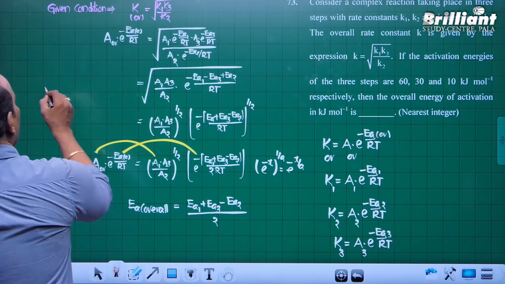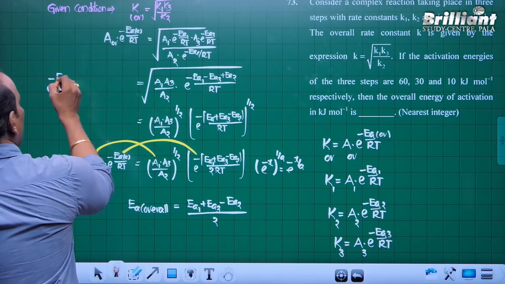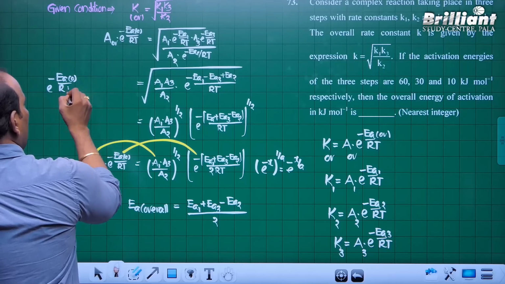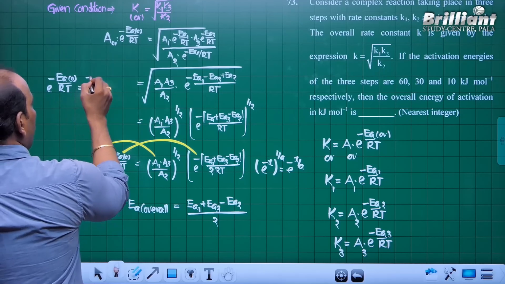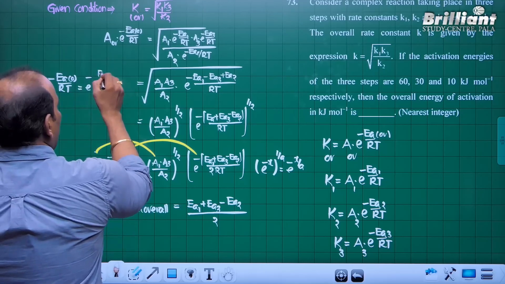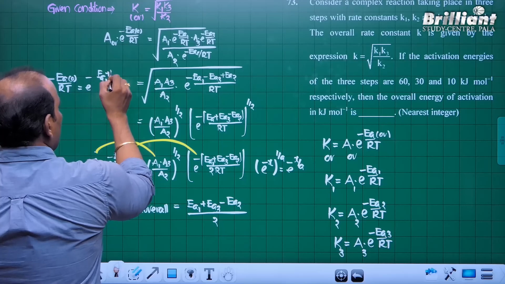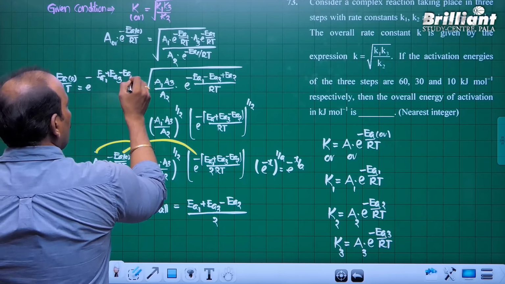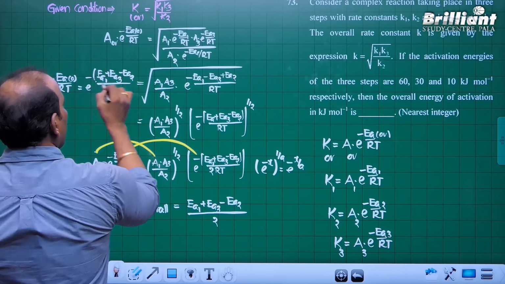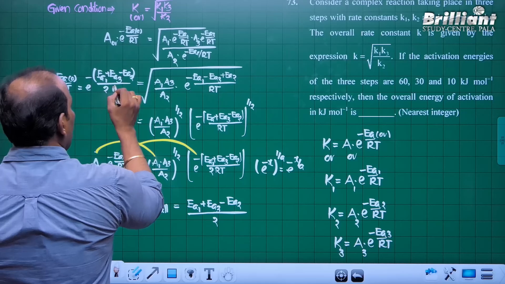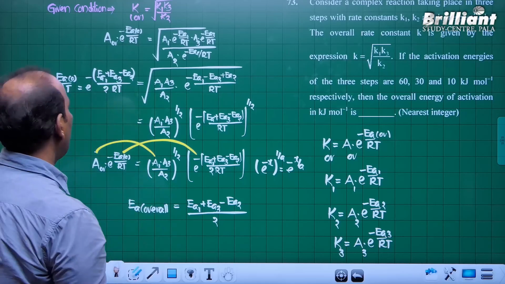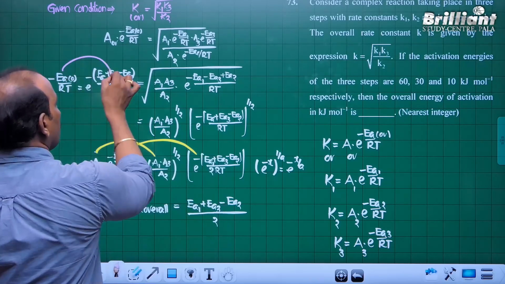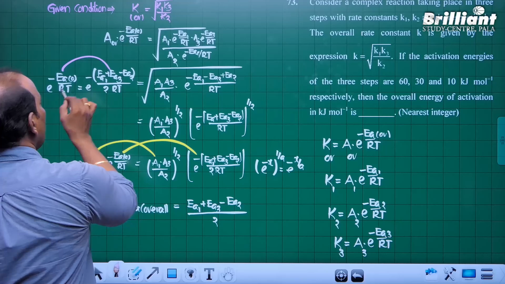What is the reason? e power minus EA overall by RT equals e power minus EA1 plus EA3 minus EA2 by 2RT. That is okay? We equalize these two factors, this part including this one.